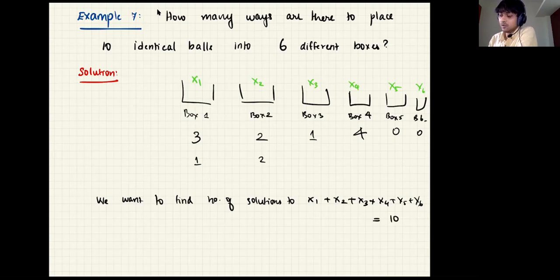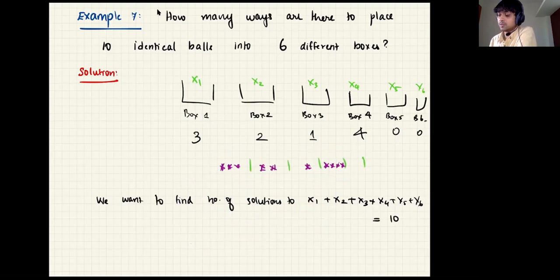You can look at it in another way also: I have 5 bars and I have 10 stars. So I will do the star picture for this previous distribution. There will be 3 here, 2, 1, 4, and nothing.